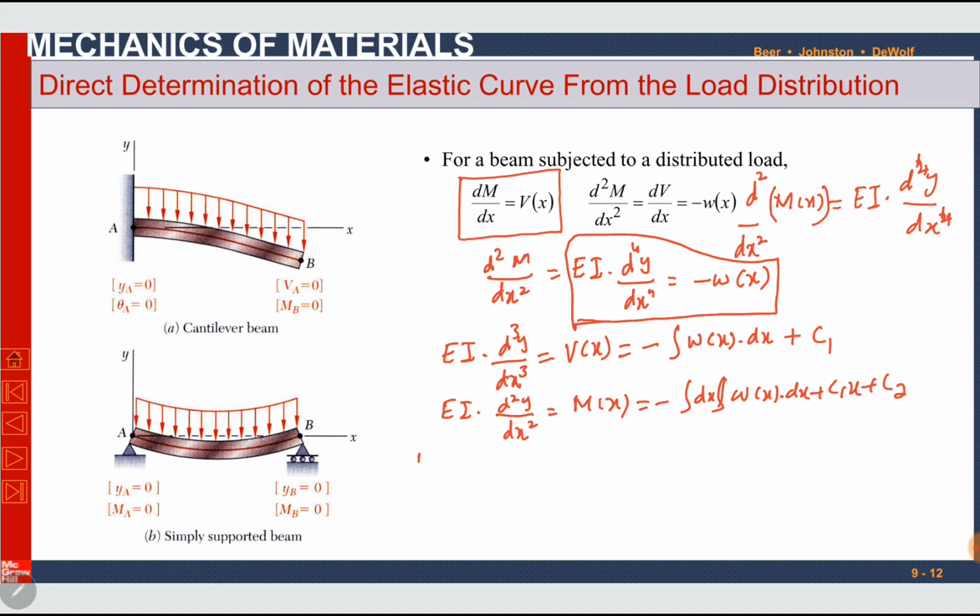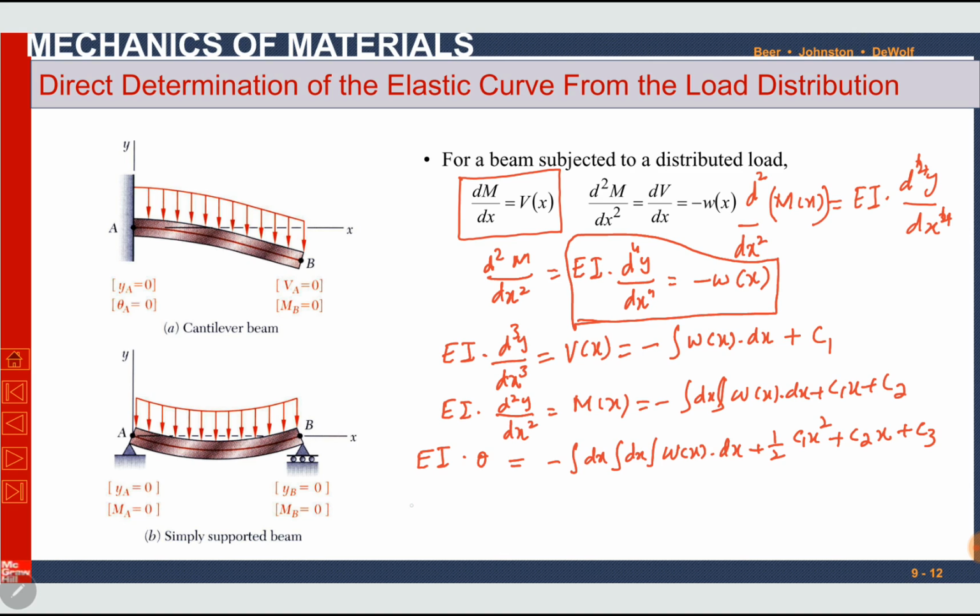Integrating again, we can write it as EI dy by dx, or we can directly write theta, which is slope, and it will be triple integral of the load function plus C1x. So integral of C1x will be 1 over 2 C1x square. Integral of C2 will be C2x, and here will be another constant of integration C3.